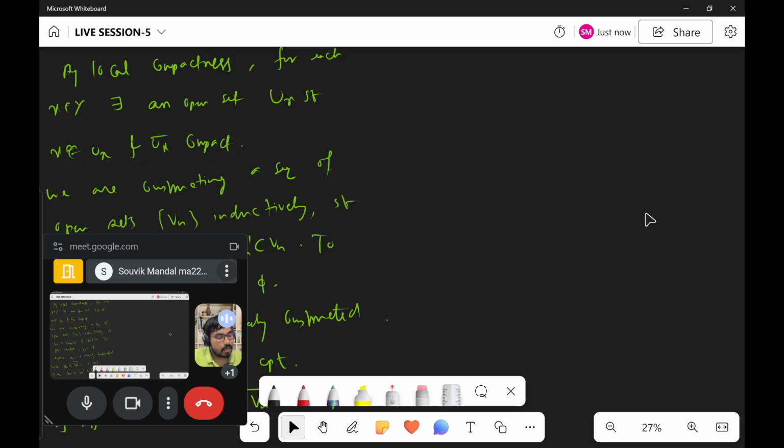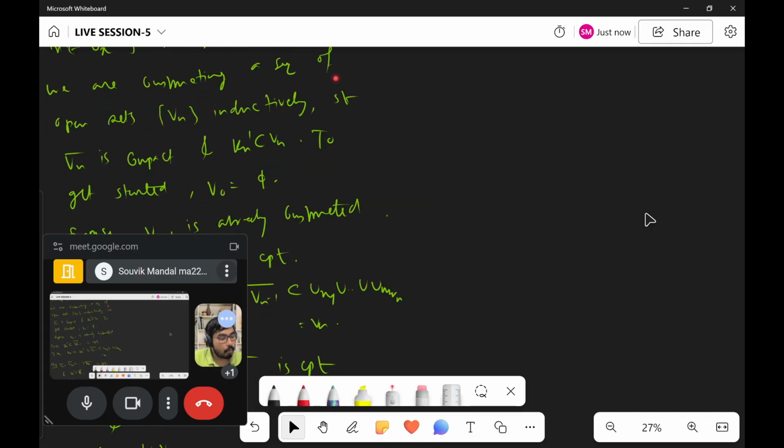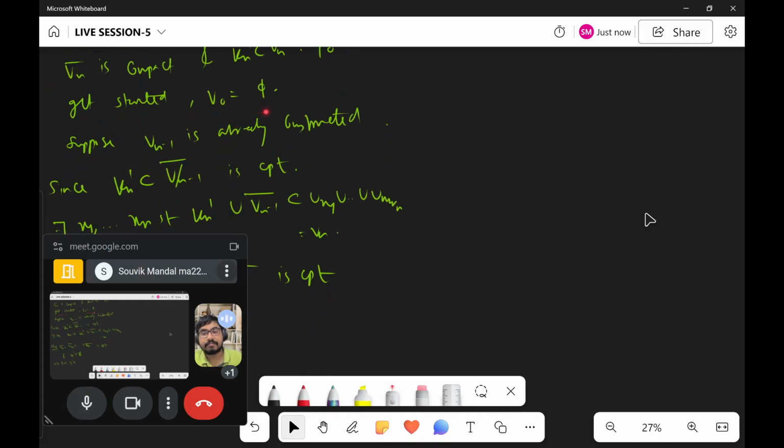From this, we are basically constructing a sequence of open sets Vn inductively such that the closure of Vn is compact and the closure of Vn is a subset of Vn plus 1. To get started, we start with V0 equal to the empty set.